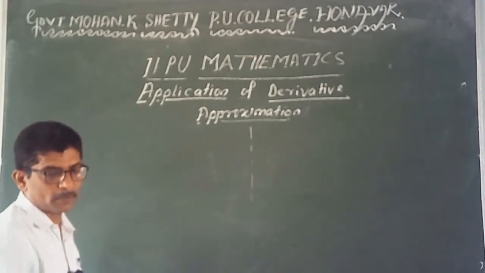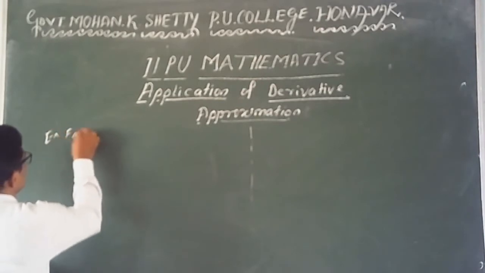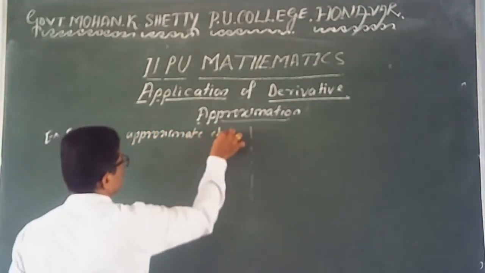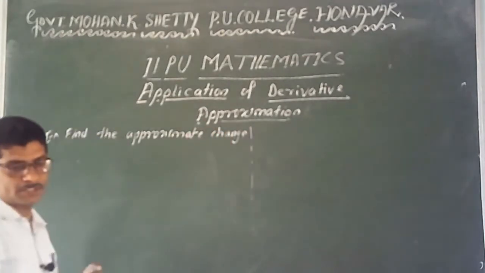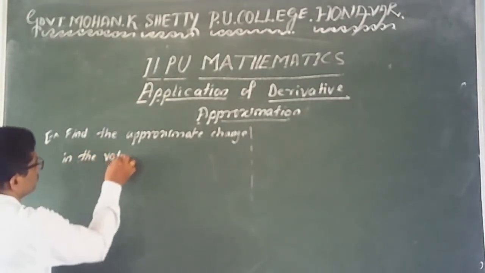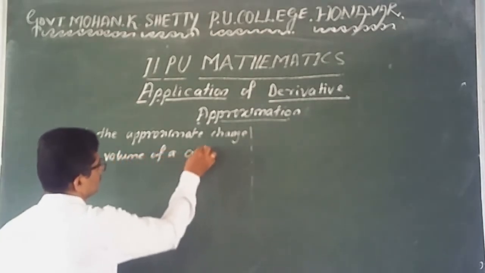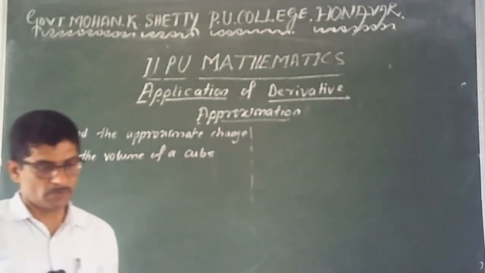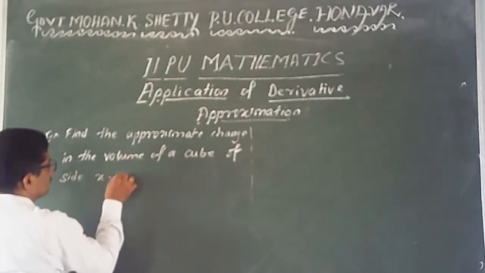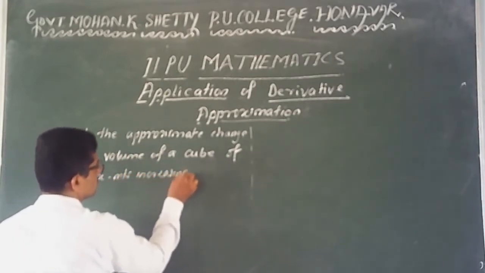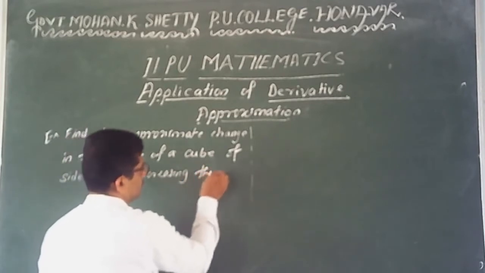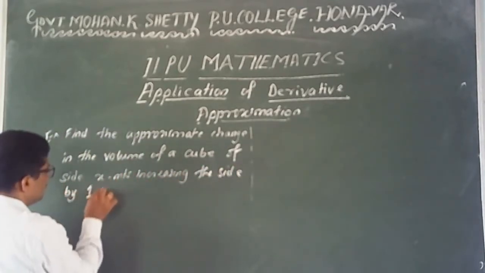Using this formula, you calculate the next problems or solve the next result. The problem is: find the approximate change in the volume of a cube of side x meters, increasing the side by 1%.